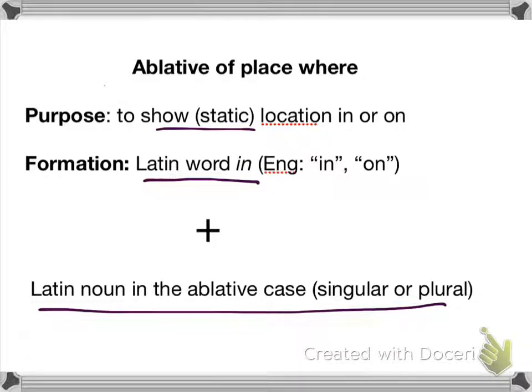And that's why I say static location. That's going to be important later. And then you follow the Latin word in with a noun in the ablative that's going to end in either an A, an O, sometimes an IS. It'll depend on the declension ending.